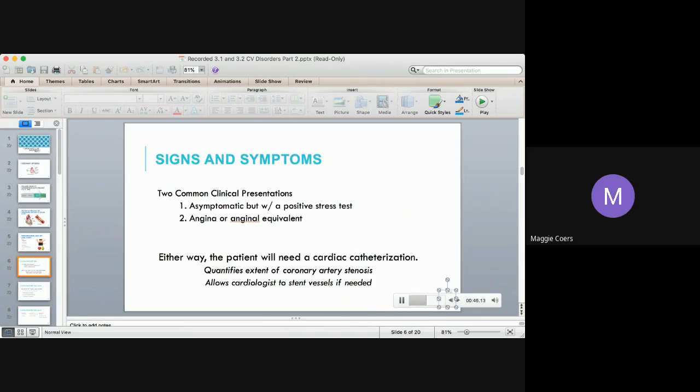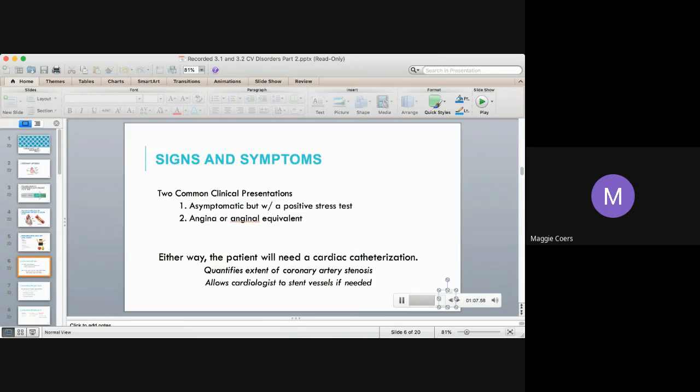Either way, whether they're asymptomatic, have an MI, or present with angina, they do need to have a cardiac cath. However they present to us, once diagnosed with coronary artery disease, they need to have a cardiac catheterization.